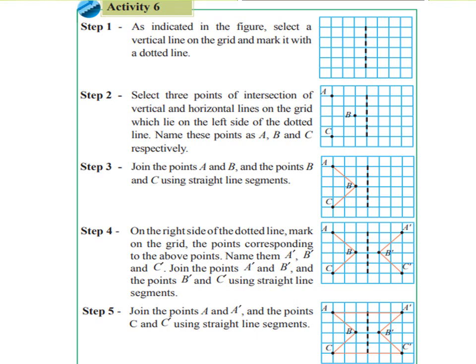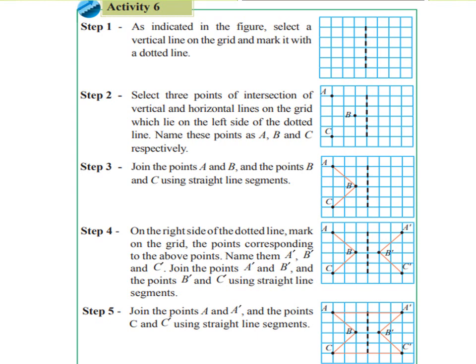So if I'm going to explain this, in step 1 you should just select a vertical line and mark it with a dotted line. You can just keep a dotted line in any place that you like in your exercise book. You should keep it in the middle, not in the corners. In step 2, you can select 3 points and put A, B and C as marked in this book.